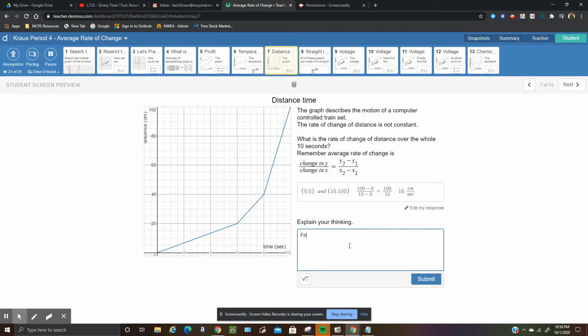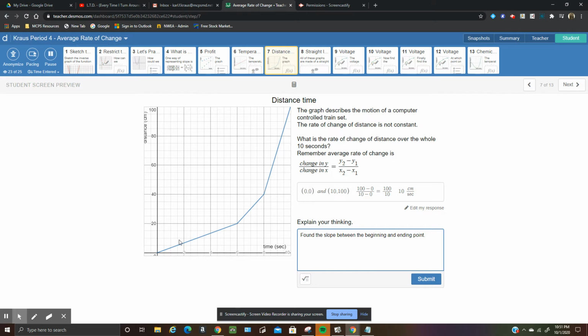So find the slope between the beginning and ending point. So in between here, this rate of change between 6 and 8 is greater than between 0 and 6, and then greater still between 8 and 10.